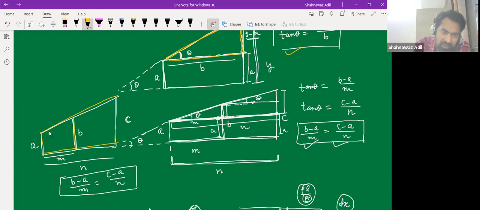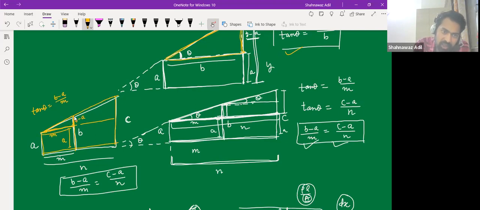First we calculated the slope from here to here. This part is A, the whole part is B, so this is B minus A, and from here to here, this is N. So slope is B minus A divided by N.